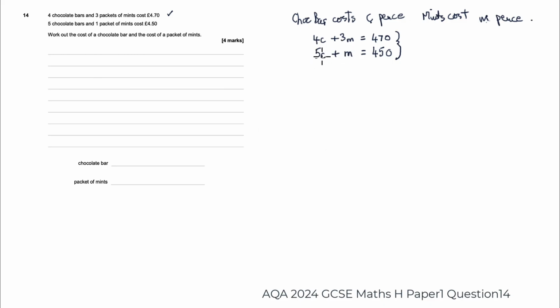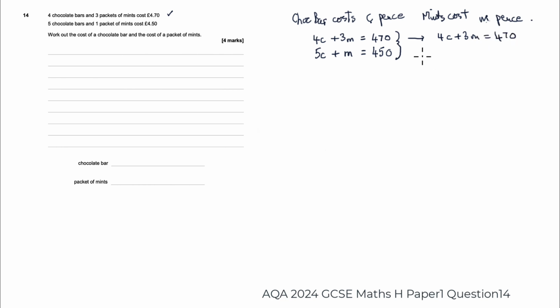So we'd have 15 chocolate bars and 3 packets of mints. And then we can be sure that the packets of mints are the same. And you'll see why that's important in a minute. So we'll keep the first equation untouched. 4C plus 3M is 470.